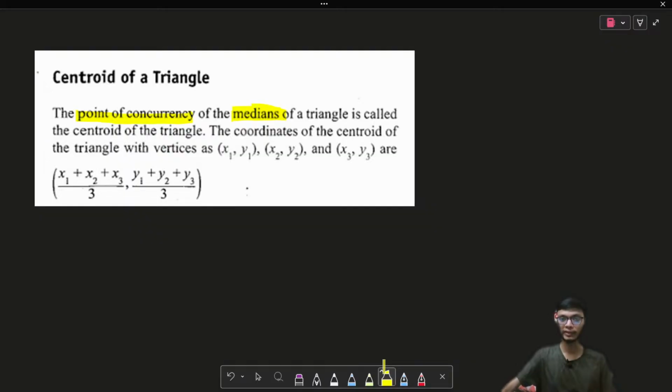So it is the point of intersection of the medians of any triangle. It is called the centroid of that triangle. If I take a triangle with the following vertices as coordinates, then the position of the centroid would be given as the sum of the x coordinates divided by 3 and the sum of the y coordinates divided by 3.